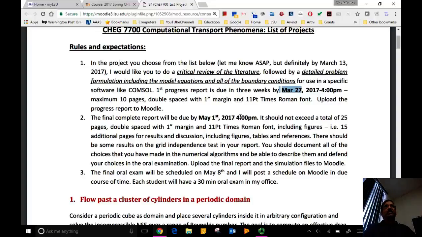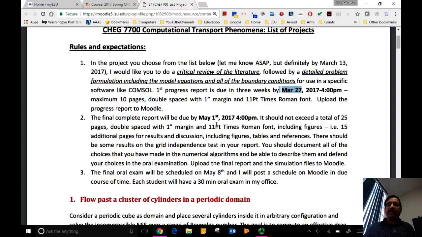That includes the 10 pages that you have done before, so an additional 15 pages or so. Those 15 pages should include results and discussion, grid sensitivity tests, and any figures, tables, everything. So a total of 25 pages for the final project, including the critical literature review and model formulation.